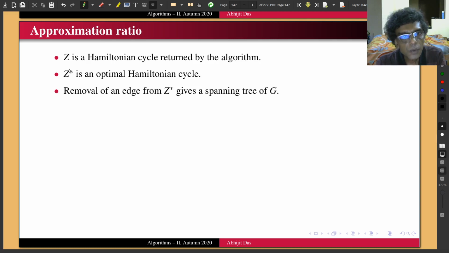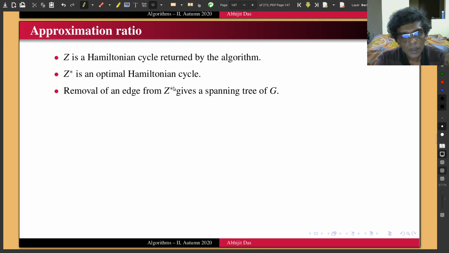Now if I first look at Z star, it's a Hamiltonian cycle. If I remove any edge from Z star, I get a Hamiltonian path. And the Hamiltonian path is also a spanning tree of G. It is connected and contains exactly n-1 edges. But T is my minimum spanning tree.